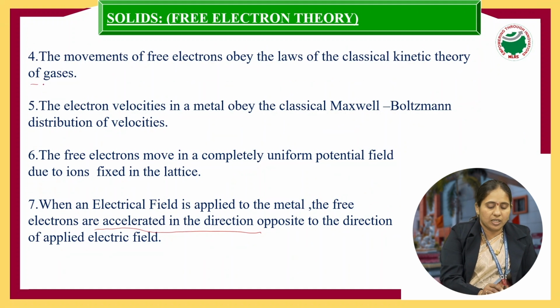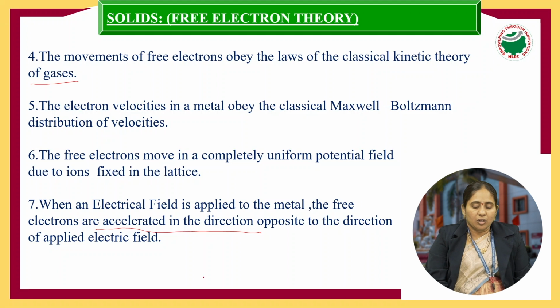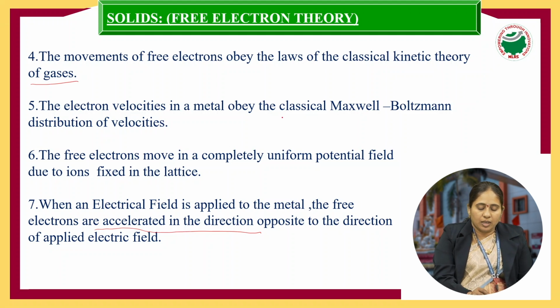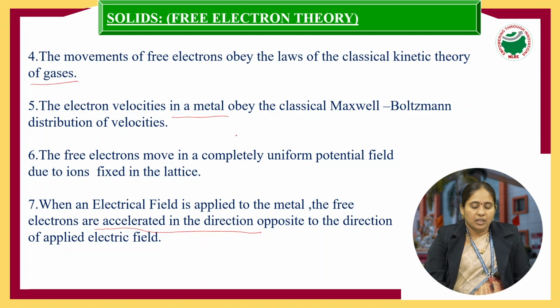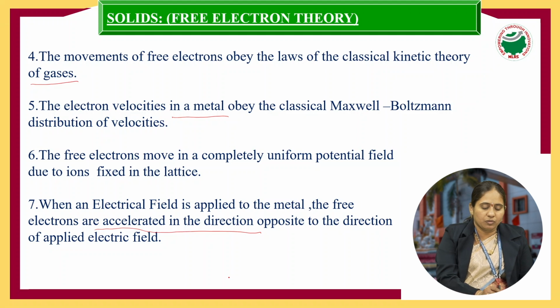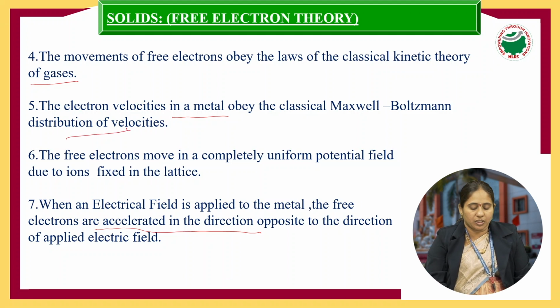The electrons in a metal obey the laws of the classical kinetic theory of gases, and the electron velocity in a metal obeys the classical Maxwell Boltzmann distribution of velocity, that is MB statistics. N number of particles can exist in a single level.